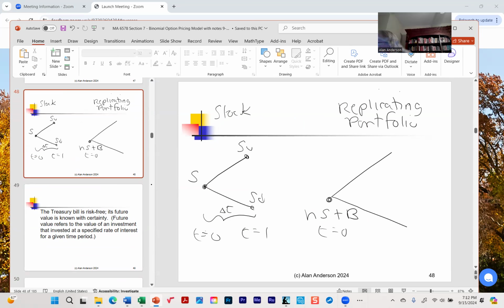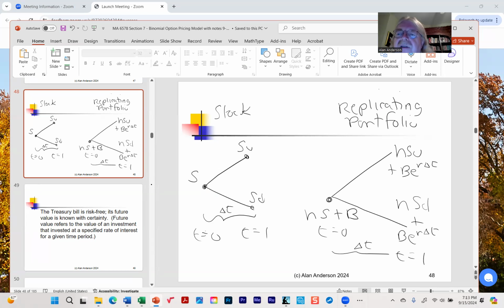The stock in the up state is worth S_U, so we have H S_U here. We multiply by H because that's a constant, the number of shares we own. The B is guaranteed to be worth B e^(RΔT). It doesn't matter whether we go up or down. So down here we have H S_D plus B e^(RΔT). Again, the distance between the two time steps is ΔT.